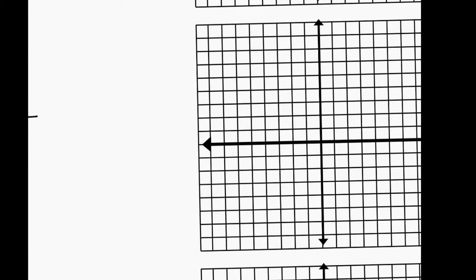So like I said, we're going to have in our parent an asymptote at an x value of 0, and we are also going to have an asymptote at a y value of 0, and that's because there's nothing we can divide 1 by to get 0.